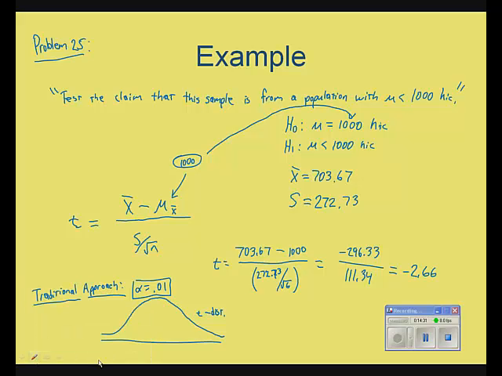Left tail. So over here, that's my critical region, 0.01. What I don't know, I guess, is my critical value.